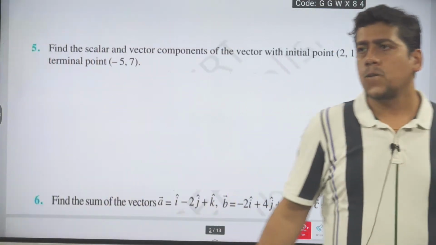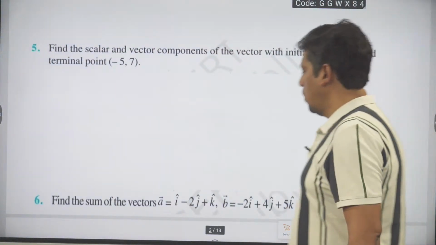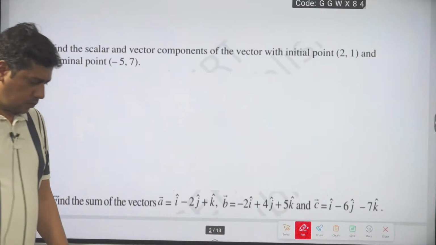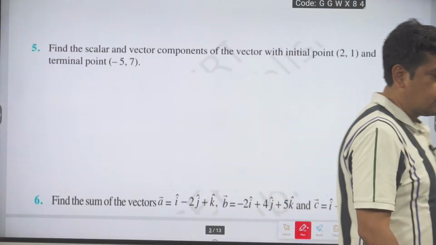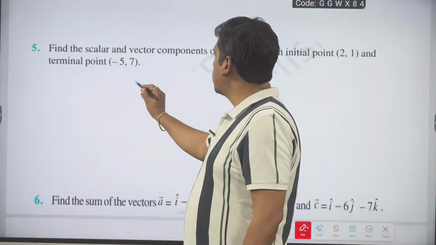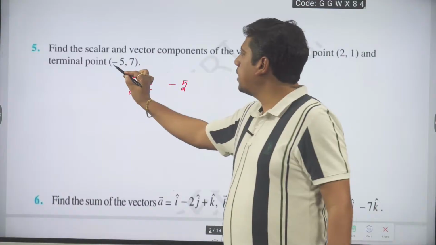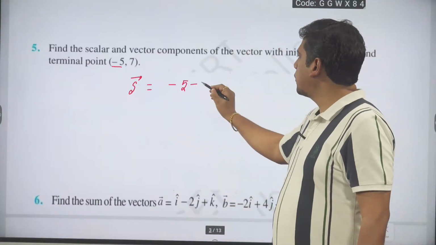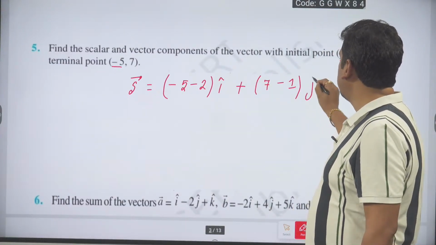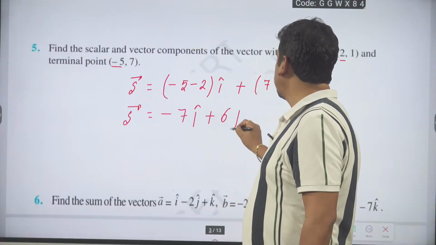So we can write final -5, here it is 2. So -5 minus 2 i cap plus 7 minus 1 j cap. So the vector will be -7 i cap plus 6 j cap.